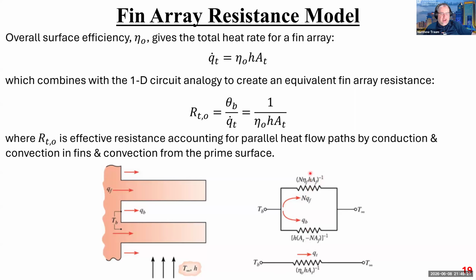So these things act like two resistances in parallel, because one heat transfer path is this way, the other is that way, and they're both transferring heat into the ambient environment, which is at T infinity. So that's why there are two resistances in parallel. And then I'm just going to use my nifty circuit analysis to put them together from two resistances in parallel into a single combined unified resistance.